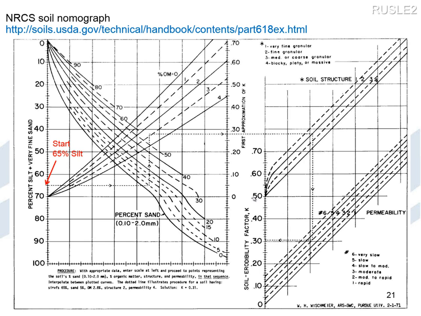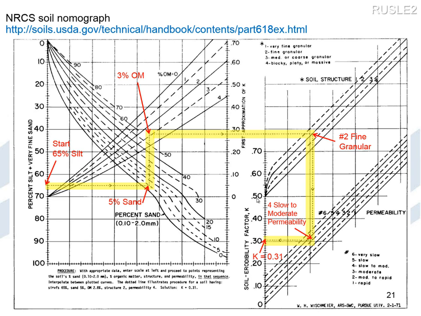We cross that over 5% sand. We have a 3% organic matter estimate, so that's how we get that intersection. We then go over to the right-hand nomograph based on the soil structure, fine granular, which is number 2 here. We intersect that number 2 line, and then based on our lab test, we have slow to moderate permeability, and coming across, this is our final answer: K factor equals 0.31.